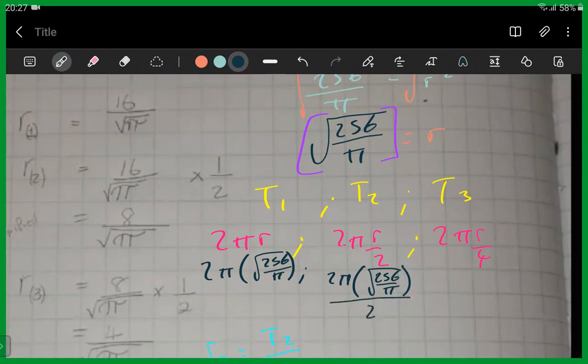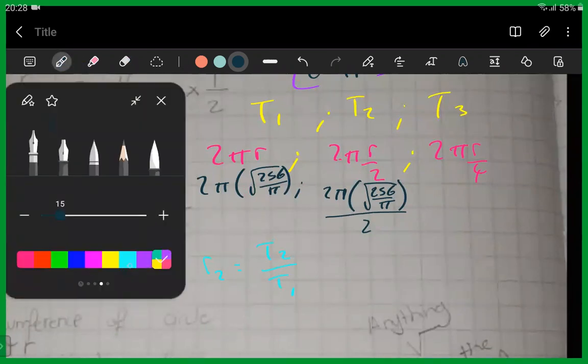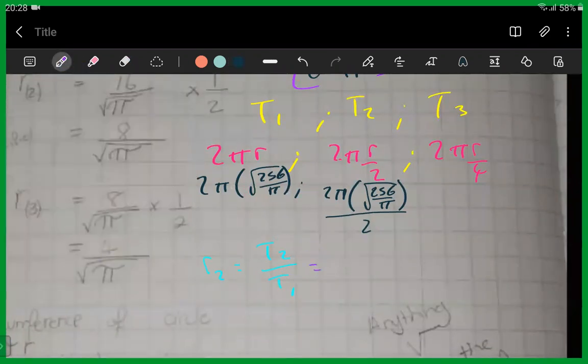And then this one, well, we don't need the other one. Let's just do this one. We can just say 2 pi with the square root of 256 over pi, the whole thing over this. This would cancel out.